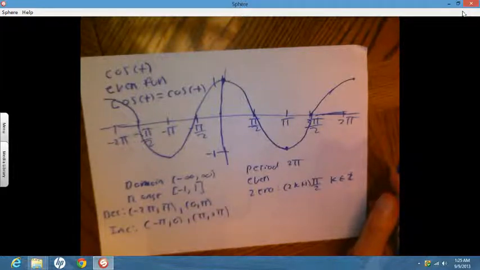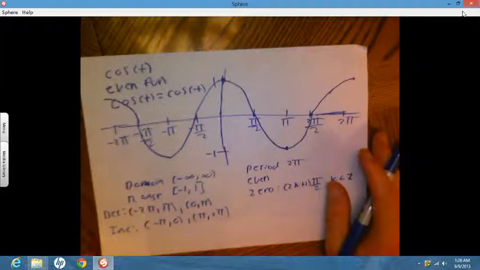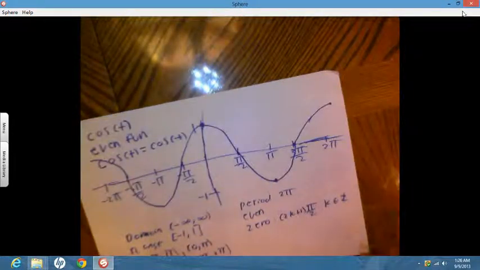Okay. Now, just to get an idea, you might want to see why it's an even function. I guess I could show it real quick. Think of the unit circle here.